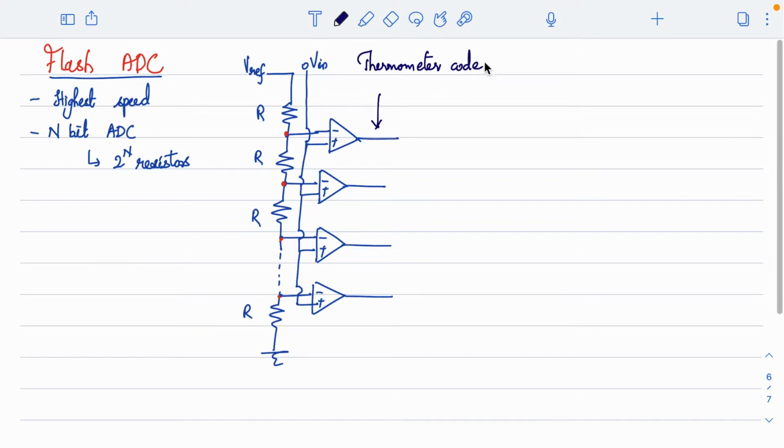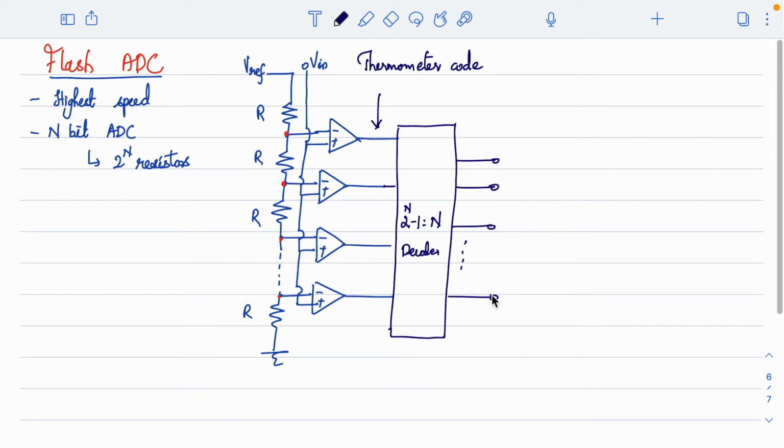For that reason, soon after this stage we have to include a decoder, because what we get here is a thermometer-based code with 2 to the power of n minus 1 values. But for an n-bit ADC we expect an n-bit output. So we need a decoder of 2 to the power of n minus 1 to n, so that we get the output at these points.